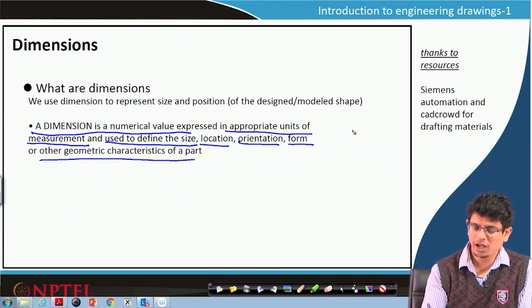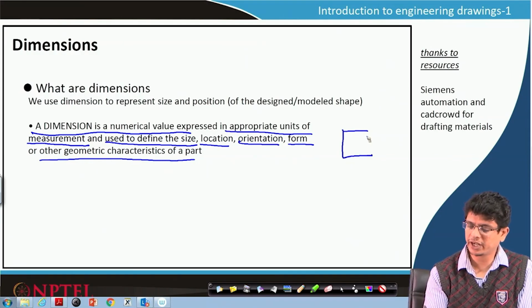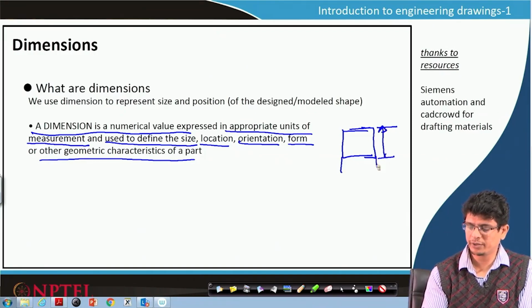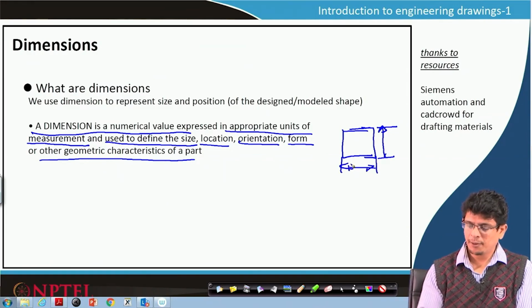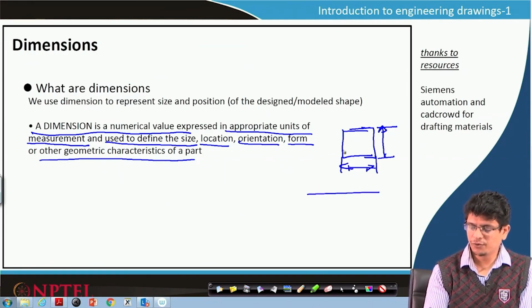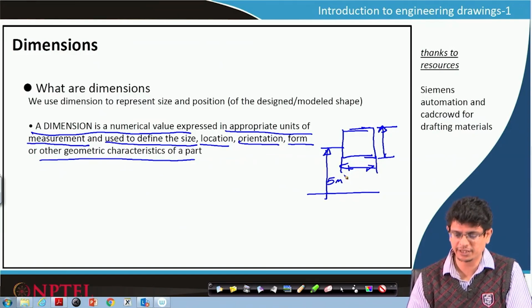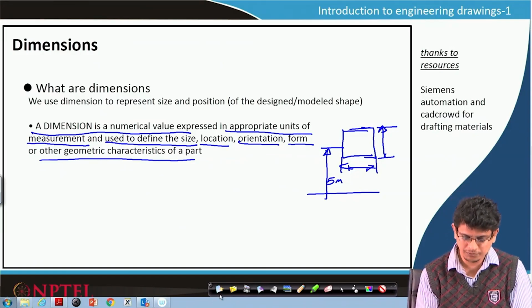For example, I want to represent this rectangle. Then naturally, I have to mention what might be height and what might be its width and length. Perhaps it might be 5 meters above the ground level. So, this kind of dimensioning which we are going to learn in this lecture.